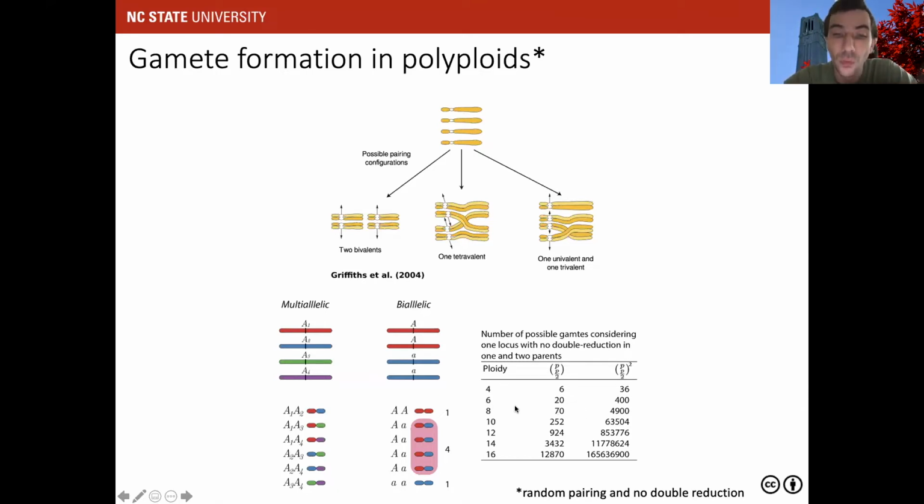If you combine 2, we have 400, and so on, up to 16. So you can see that this number grows explosively. It grows very, very fast, right? And this is a problem. I think this is the main problem in polyploid linkage analysis.